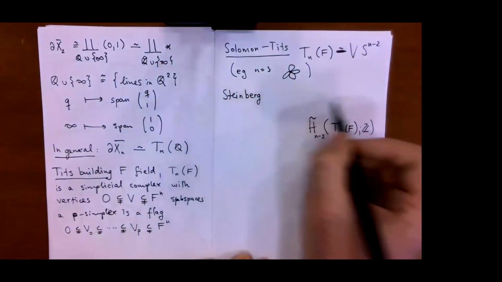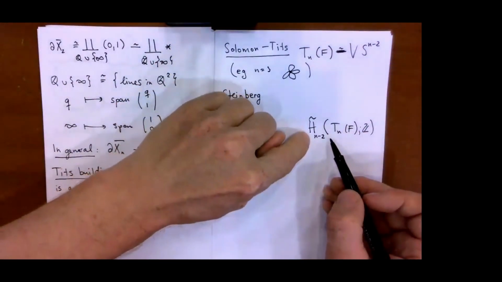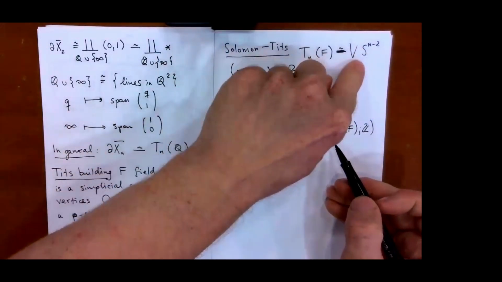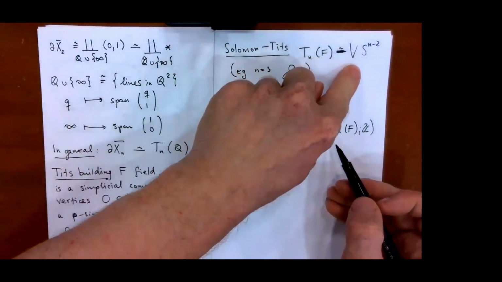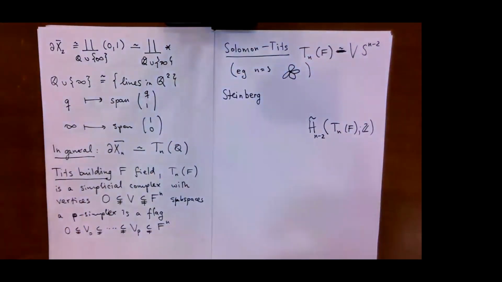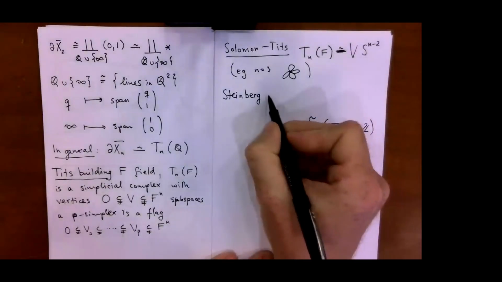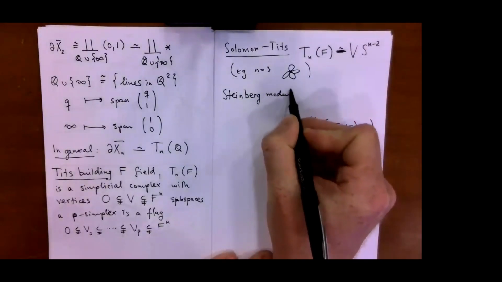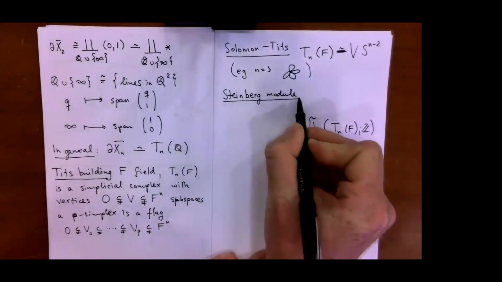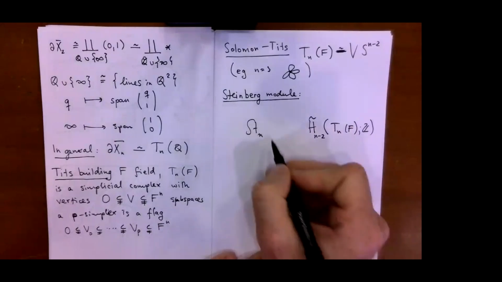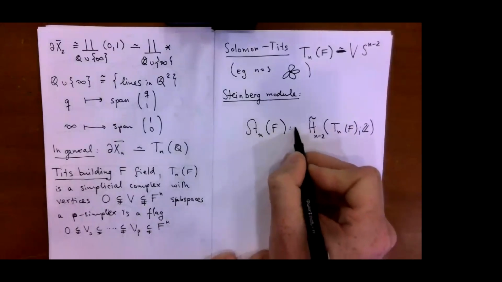And this is precisely the free abelian group on all of those spheres. So you take these spheres as the generators, as a basis of this homology group, and this is called the Steinberg module. Now this is called Steinberg N of F.